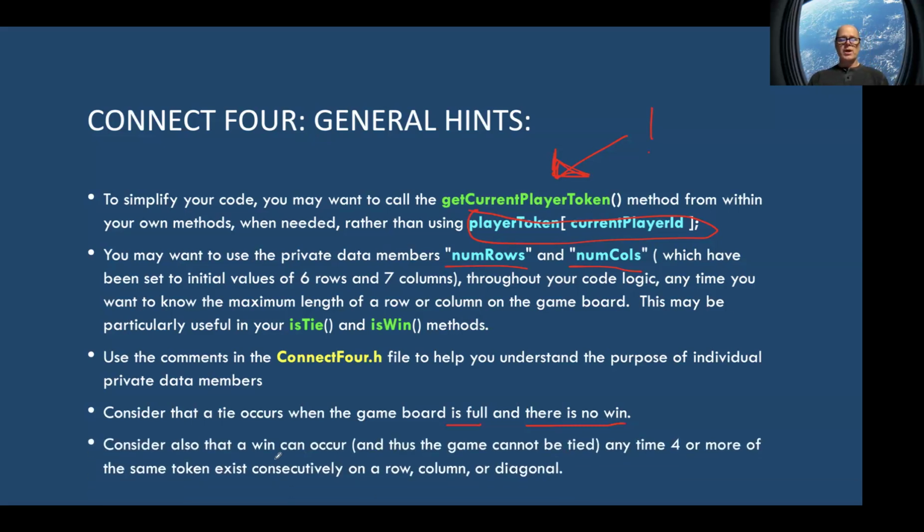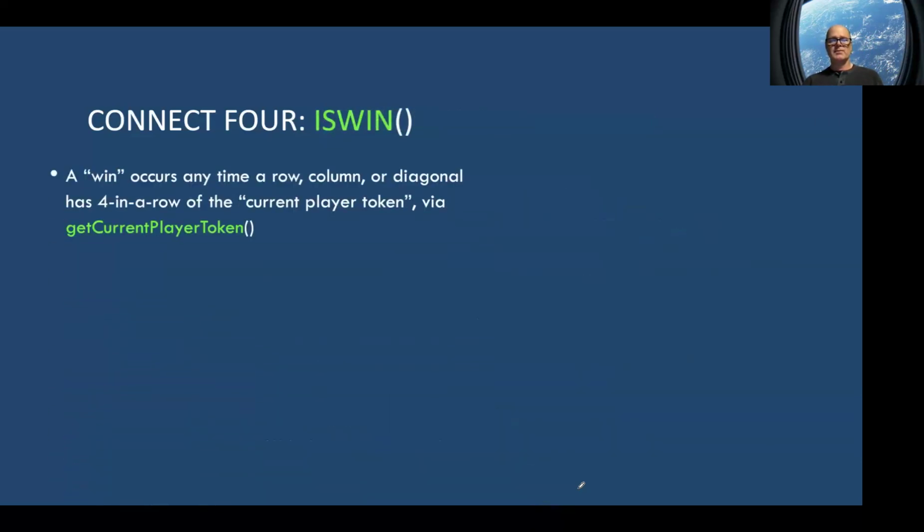Also, a win can occur anytime 4 or more of the same token exist consecutively in a row. They have to be one after another. I'll show you some more hints on that in just a second. It's not like tic-tac-toe where we just count 3. We can't just count 4; we have to make sure they're next to each other. That is a little different code logic when you're going through your is-win.